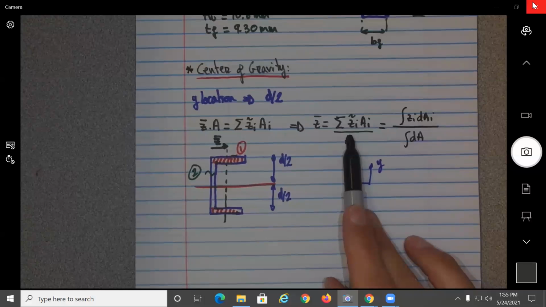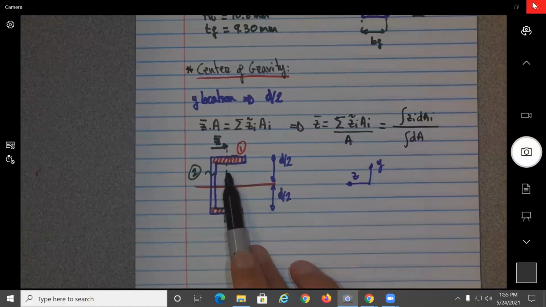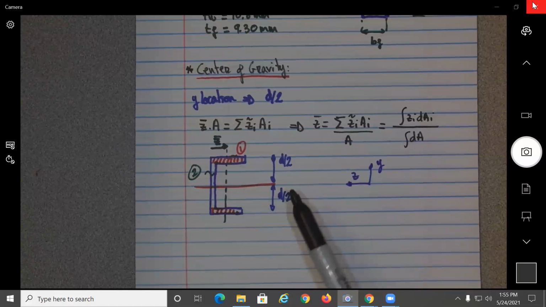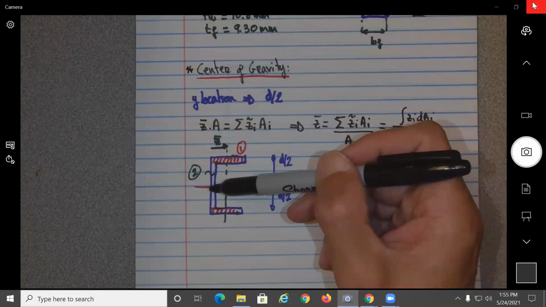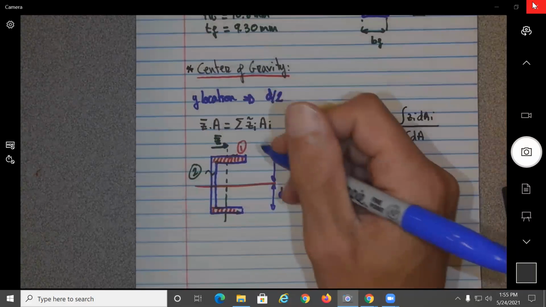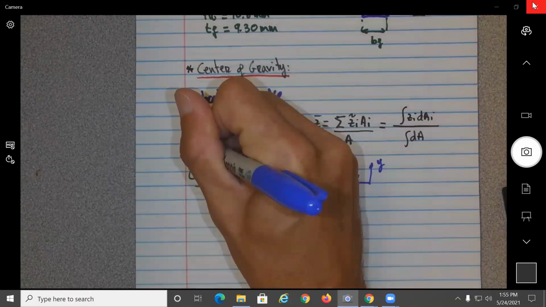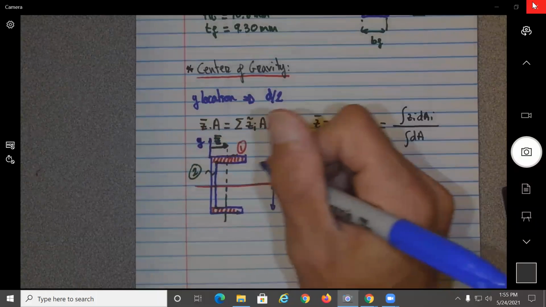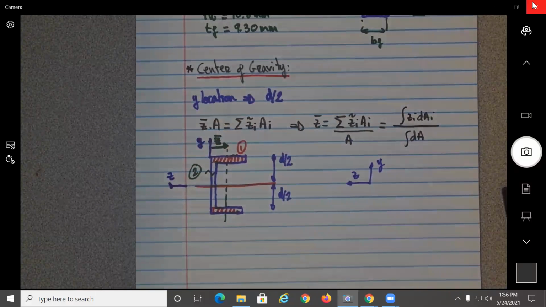We need to find first either the area or the location, but let's first find the location of 1 and 2, if the origin of the coordinate system is along this edge. I don't have other colors, so I don't want to mix too much. So this will be Y. This is Y. And really we follow this should be here, Z.